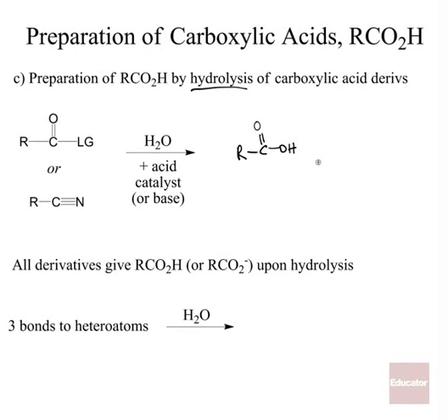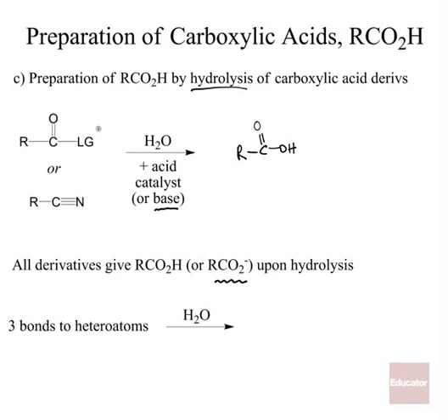Now, you'll either get the carboxylic acid, or if you use base here, that carboxylic acid will get deprotonated. So instead of getting the neutral acid, you would get the carboxylate salt. But still, clearly, just a proton away from being a carboxylic acid.